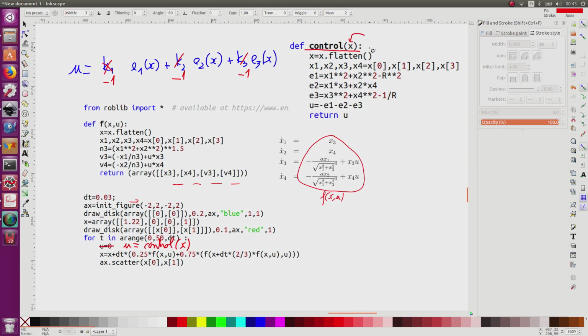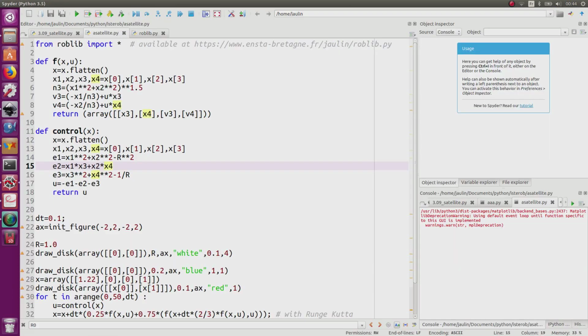I have also to add something here with respect to the radius, so I will add for instance radius equal to 1, so that I can use it here and here. I will also draw the circle, and this corresponds to the following Python program where the control is here.